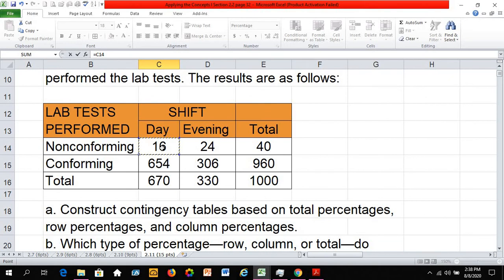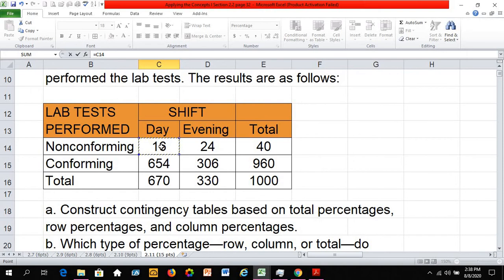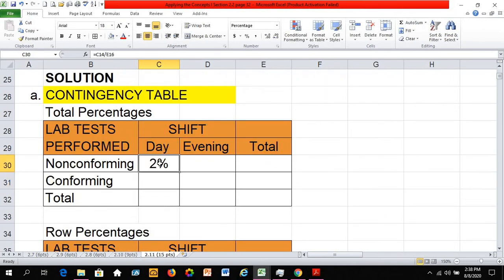That's 16. We are talking about the column day and the row non-conforming. So that's C14. Value is 16 divided by our total, which is 1000. Press enter. That's 2%. I round it off to whole number.